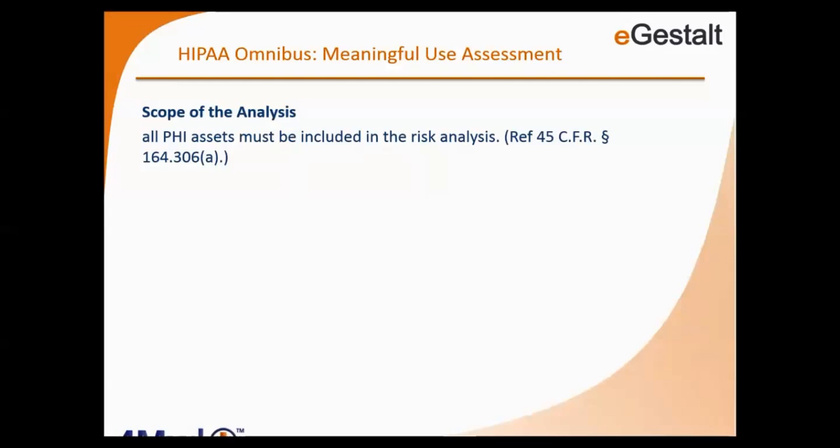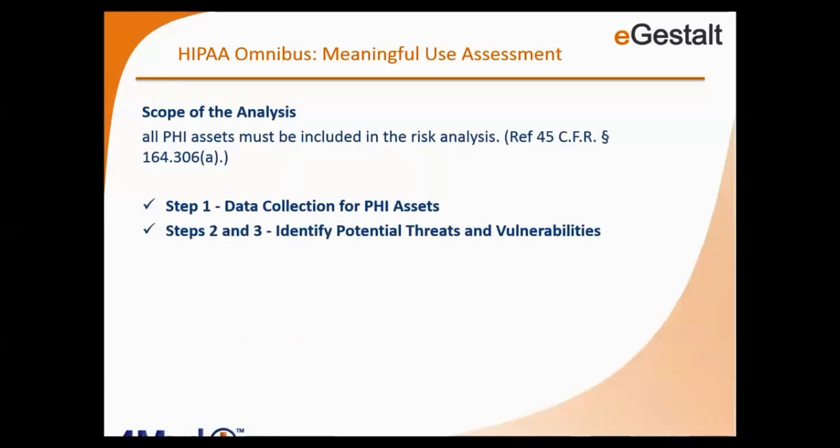So what does risk analysis mean? It basically means that you need to enumerate all the PHI assets and then identify, for those asset types, the various ways and means that those assets can be compromised. Those are vulnerabilities and threats.